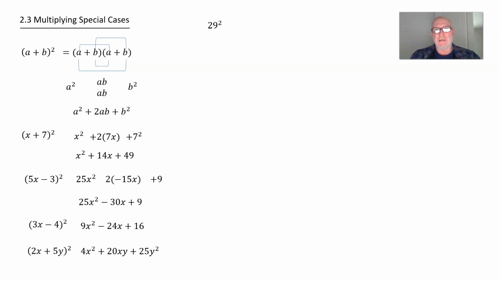We can rethink 29 as 30 minus 1. So 29 squared is 30 minus 1 squared. And so now using our technique, 30 squared is 900. 30 times 1 times 2 is 60, and 1 squared is 1.